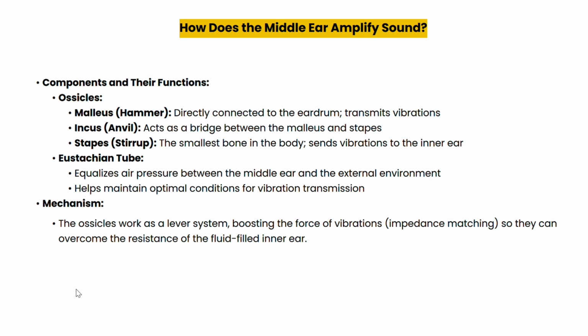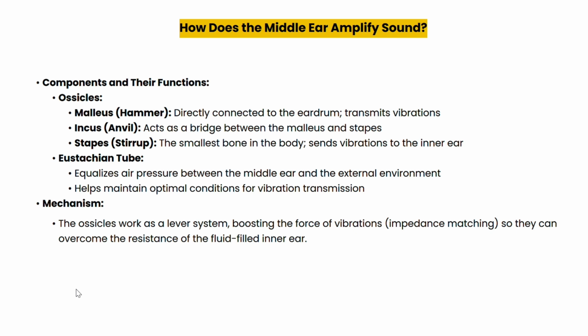The malleus is directly attached to the eardrum, passing the vibration to the incus, which in turn transmits it to the stapes. Despite being the smallest bone in the human body, the stapes plays a mighty role by pushing on the oval window of the inner ear.